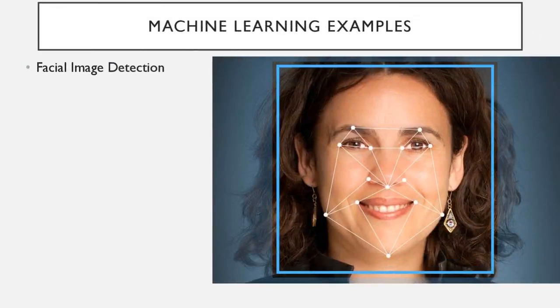The next example could be facial identification, where I look at the images or the features of an image and learn to identify a person. That's another hot area, which is facial detection.